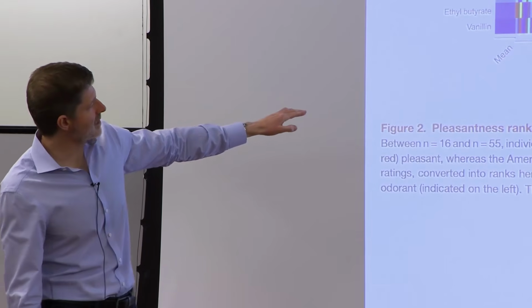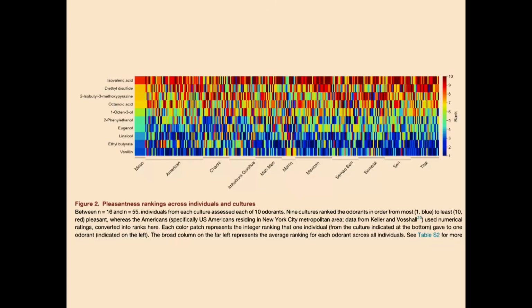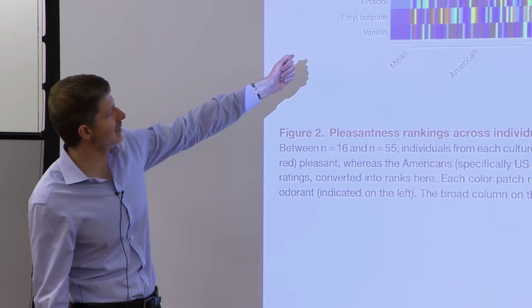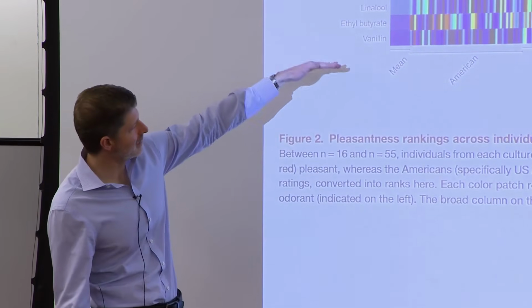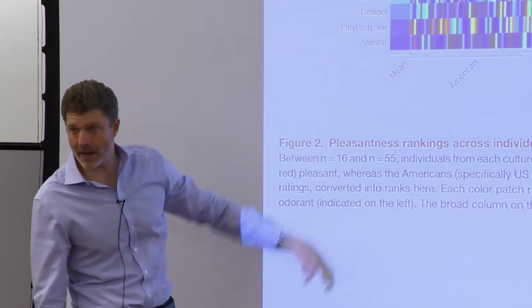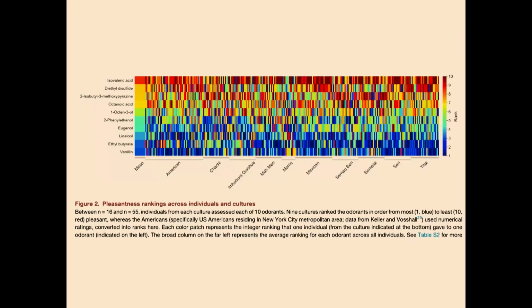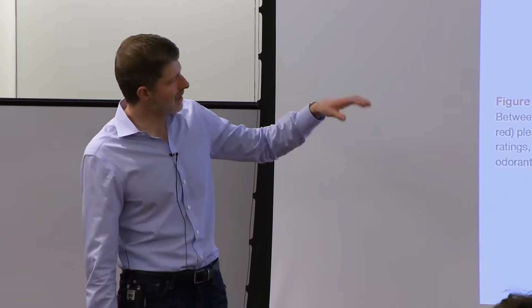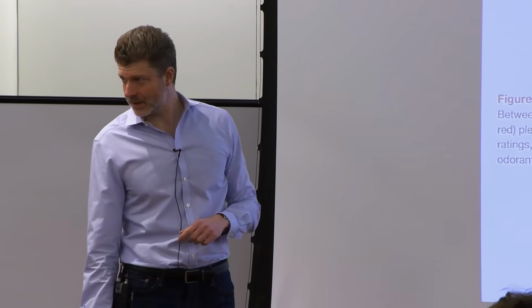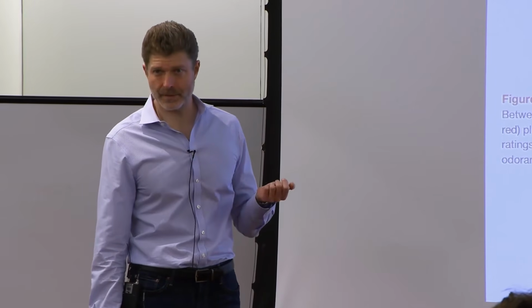What you can see just from eyeballing it is vanillin is pretty blue across the board. So that's a smell that people generally like. And as you move up the plot, things shift from being blue to being pretty red. The gestalt that you're supposed to take away from this is that each of the 10 cultures has fairly similar rankings of the pleasantness of these odorants.